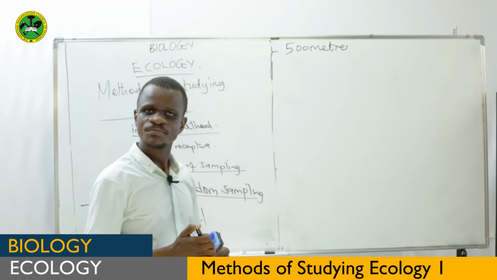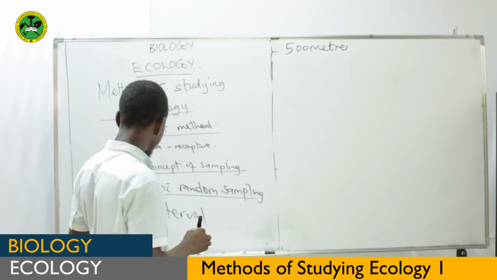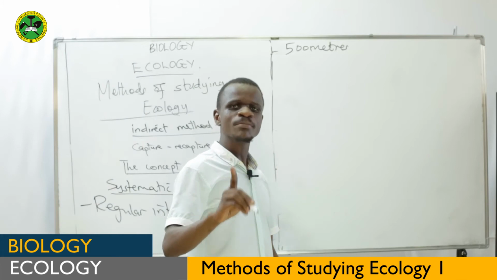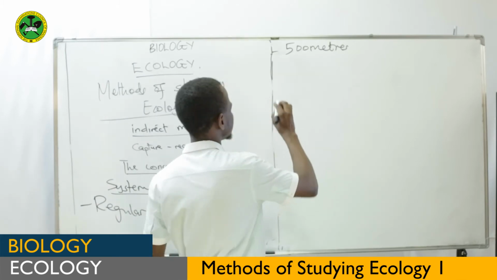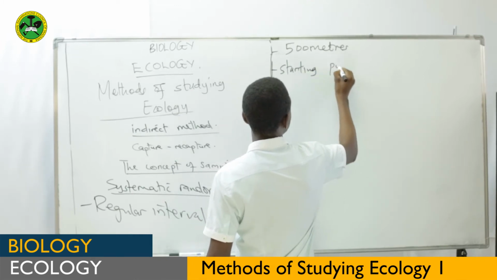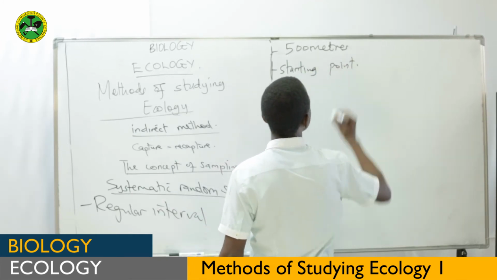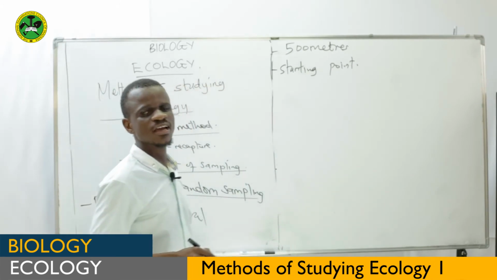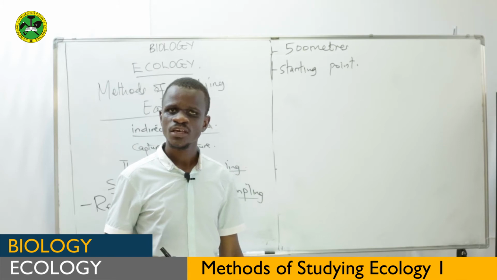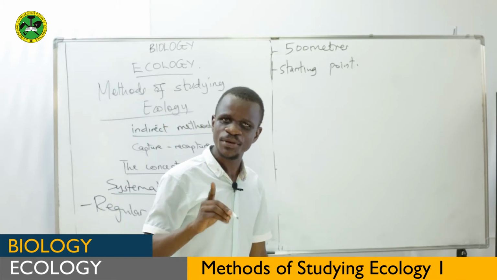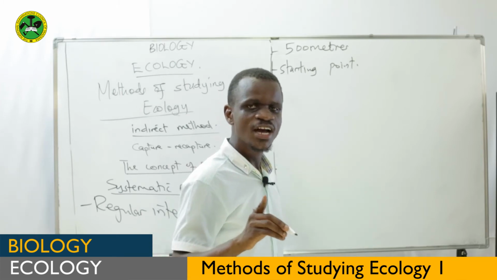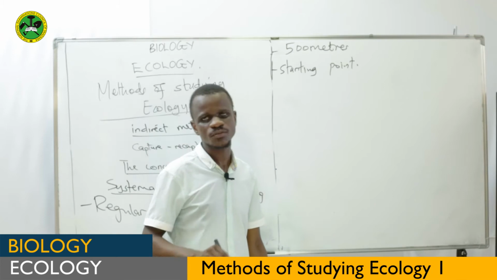My students, in systematic random sampling, as an ecological investigator, you must have a starting point, which is selected by an ecological investigator. Therefore, a starting point will be selected by the investigator and also a regular interval.